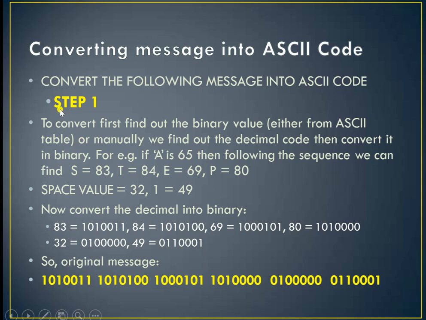What is the code for S? That is 83. Then T is 84, E is 69, then P is 80. Space is 32 and 1 is 49. Then you have to convert these into binary form. These are the binary representations of these numbers. When you write it, the original message will look like this.